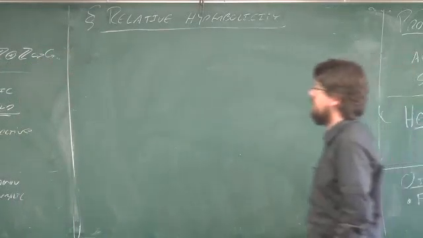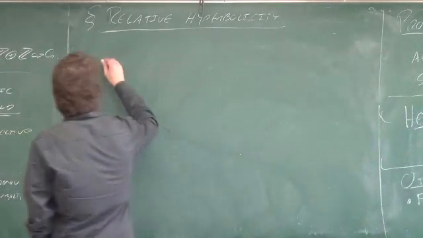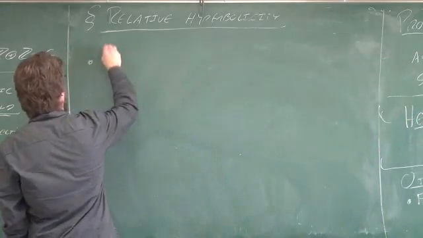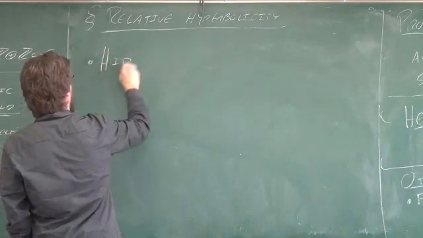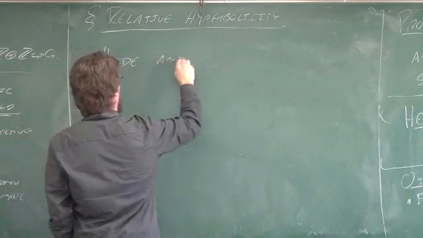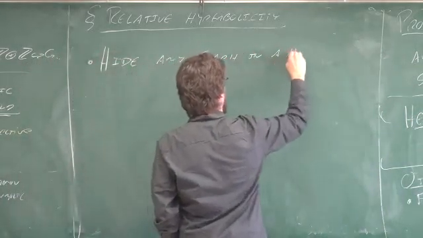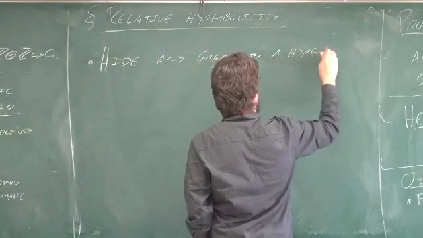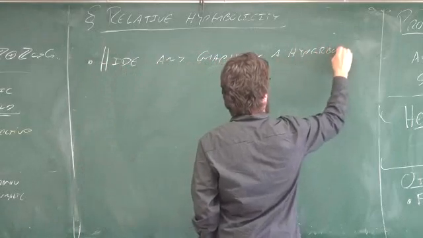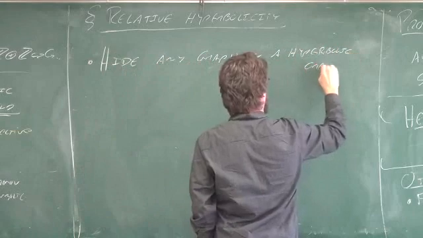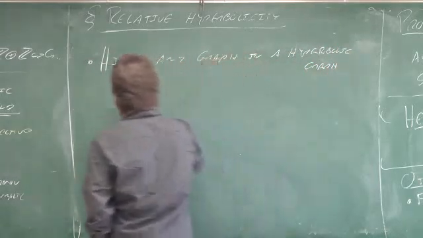I want to hide it somehow in a hyperbolic graph. So sort of hide any graph in a hyperbolic graph as follows.